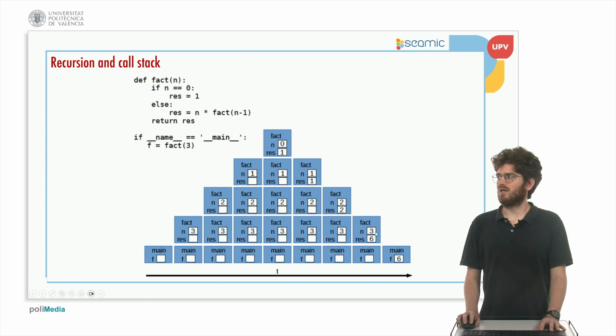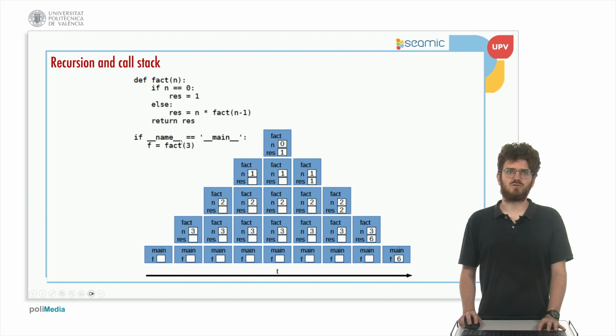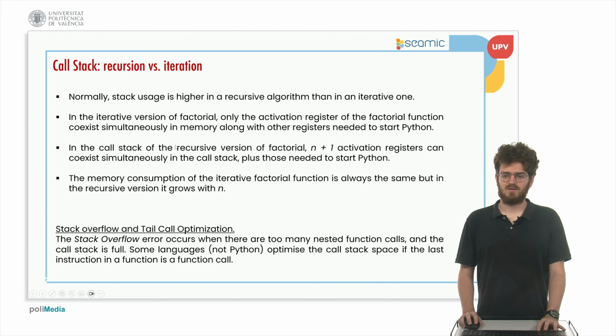And in this case, finally, we'd get that 3 times 2 would be 6, and then f would get the final value from the previous return, which would be 6.